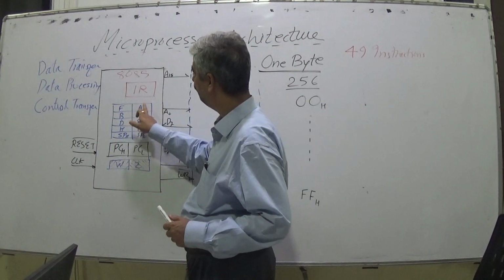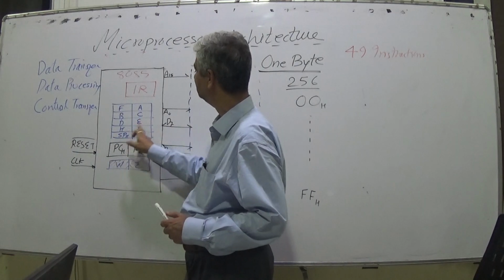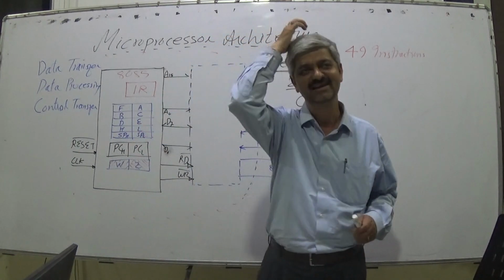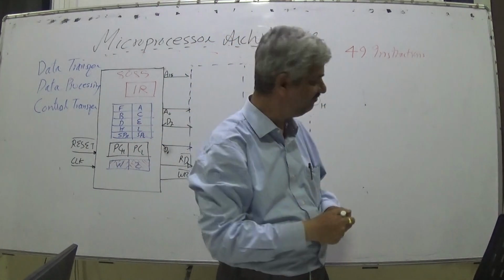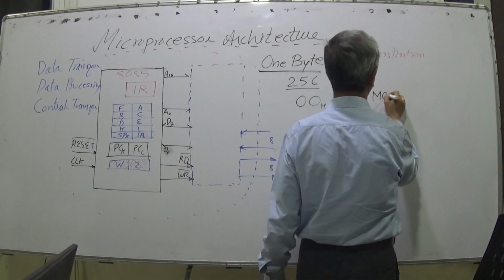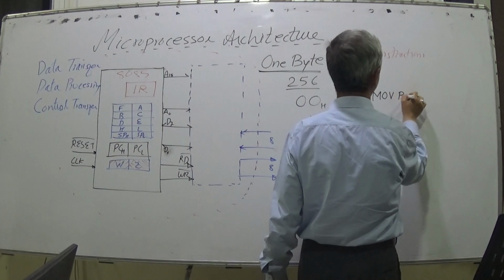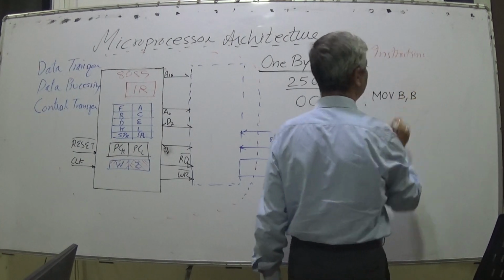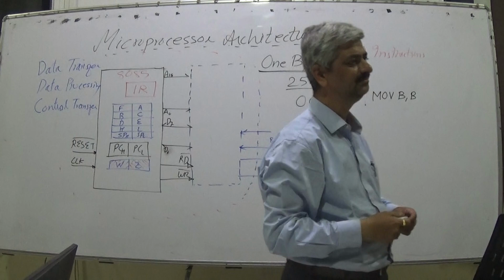7 times 7. Why 49? You will find that if you design move B comma B, that is redundant.